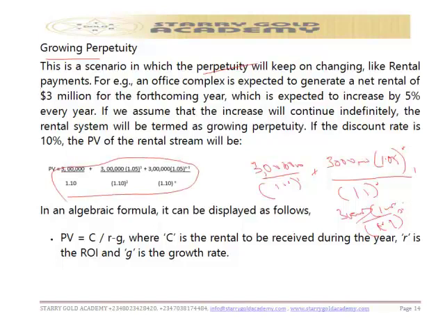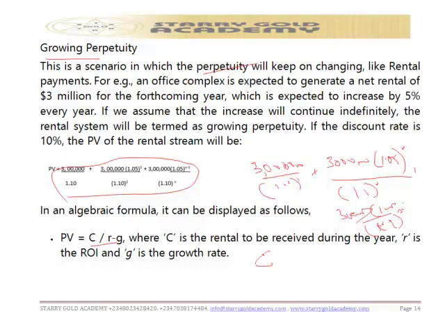But in an algebraic formula, it can be displayed as follows. That is, the rental to be received during the year divided by rate minus growth, just like the Gordon growth model.